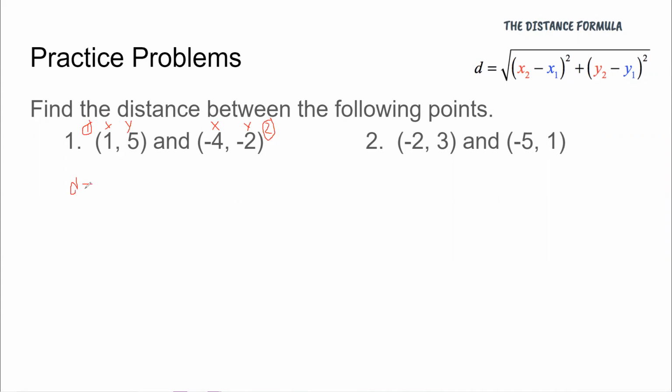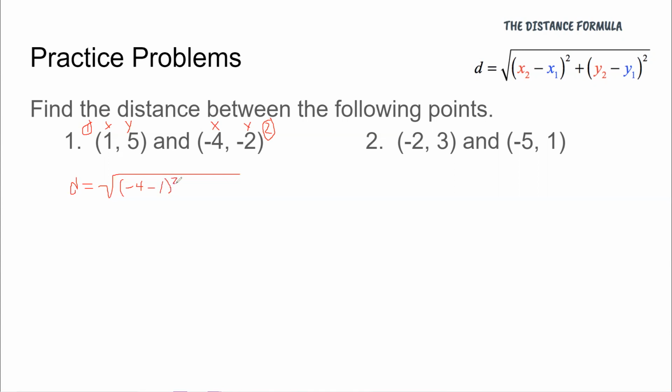So distance equals the square root of x2. So we're at the second point, looking at the x. x2 is -4. So -4 minus x1. So first point, x is the number 1.